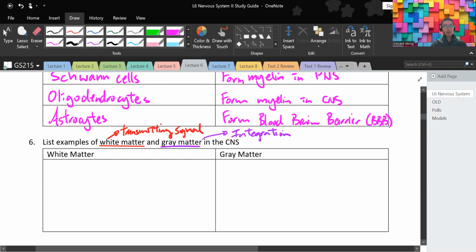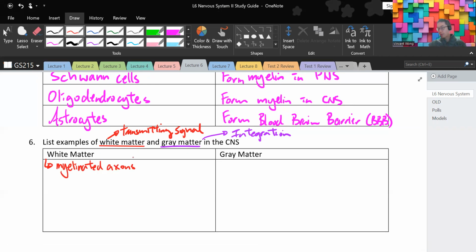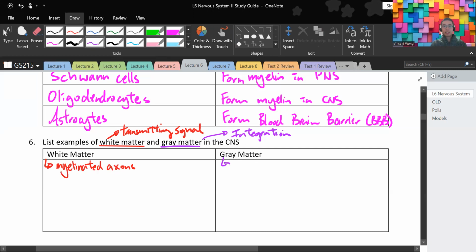So what makes up white matter? Basically, they're made up of myelinated axons. The myelin, it's actually whitish in color. That's why we call them the white matter. On the other hand, the gray matter, it's everything else that makes up a neuron.